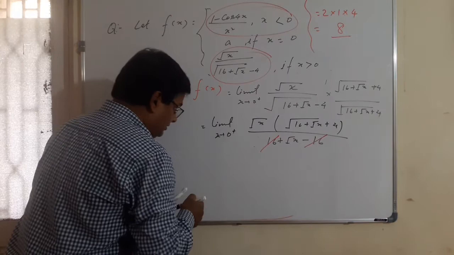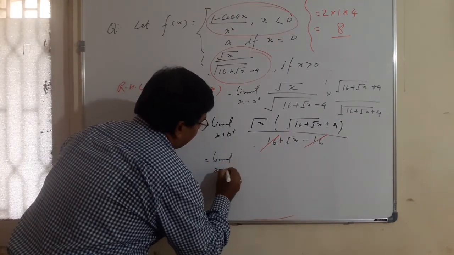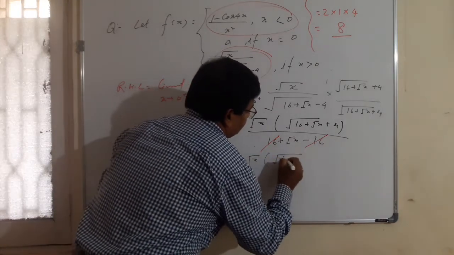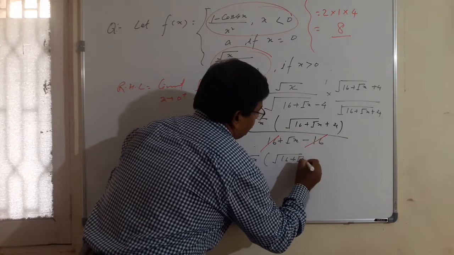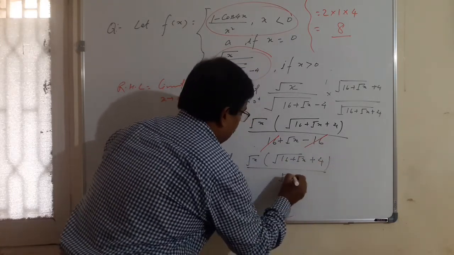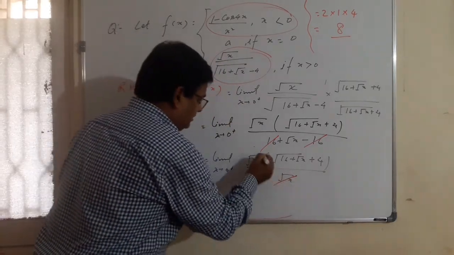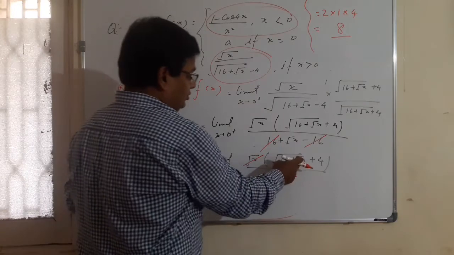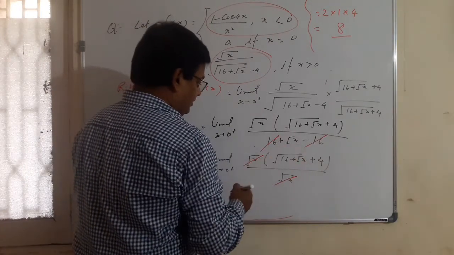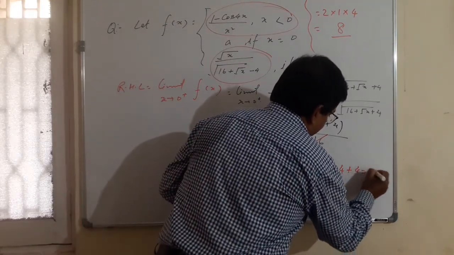So here becomes limit x tends to 0 plus root x times (root of (16 plus root x) plus 4) divided by root x. So root x and root x cancel. Now put the limit. When x is 0, square root of 0 is 0, square root of 16 is 4, so it becomes 4 plus 4 is equal to 8.